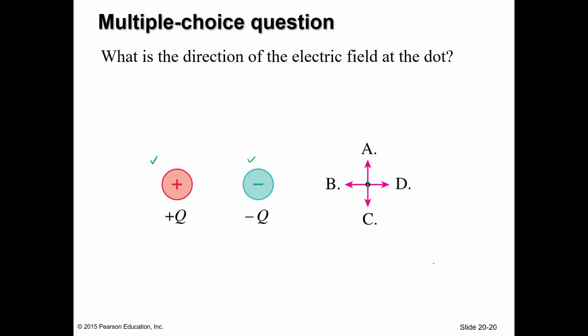Whenever you are thinking about field, imagine that there is a positive charge. Okay, so you have a charge here. Imagine that you're finding the force on a small positive charge. So field means the force applied by this charge on this small tiny charge. So which way would be the force?